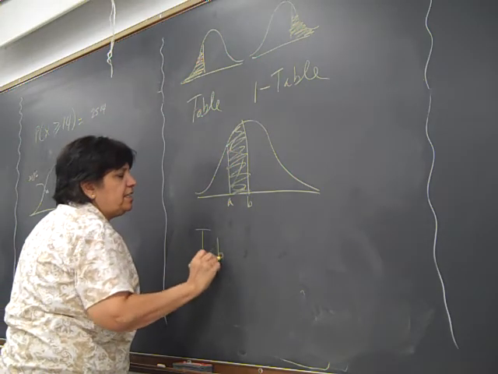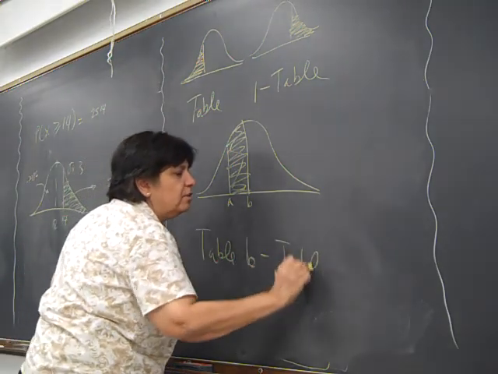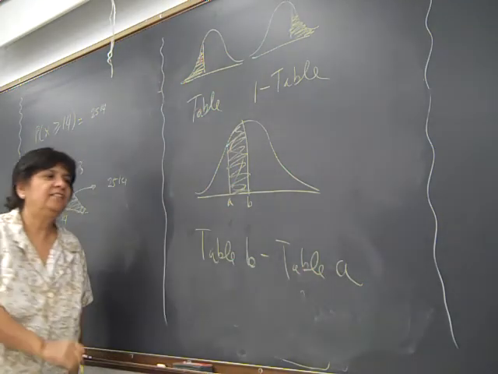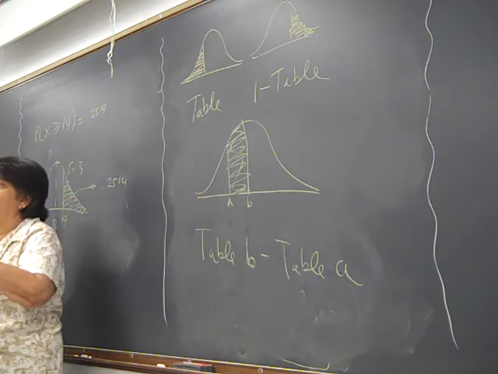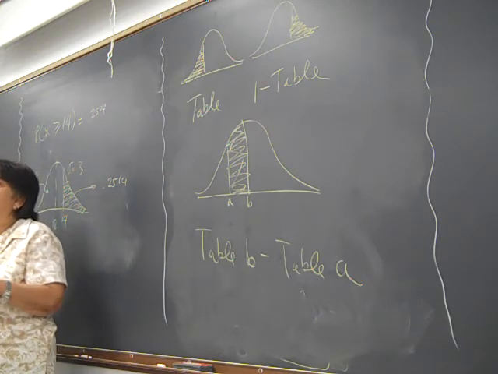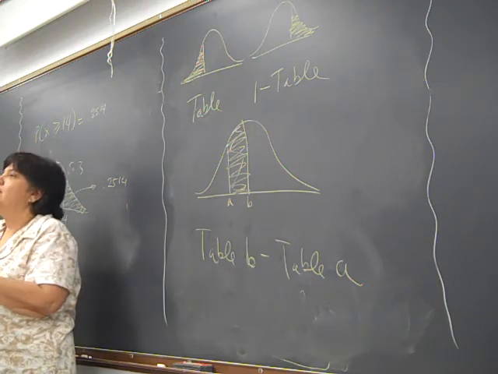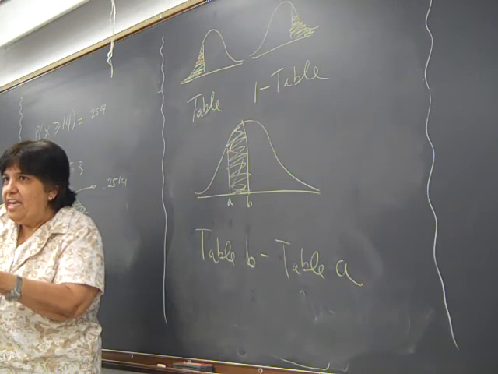This one is what is in the table for B minus what is in the table for A. You see? That's how you calculate the interval, I mean, what is in the middle. What is the probability that the call will last between 11 and 14 minutes? Then you have to do this.